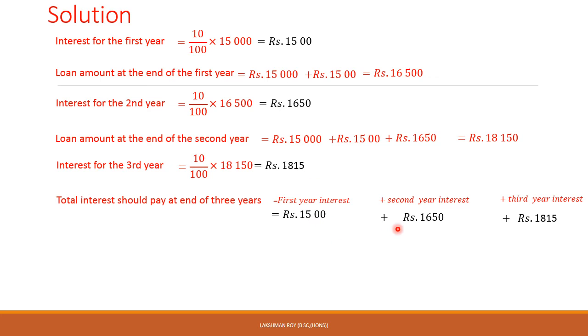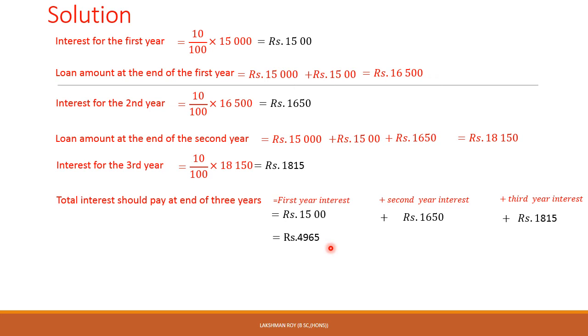So if you add those three, you get the total interest, that is 4,965 rupees. So that is the total interest to pay in the 3 years. So that is one part of the question.